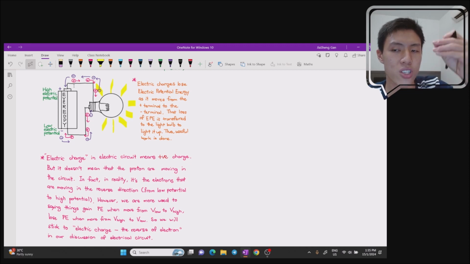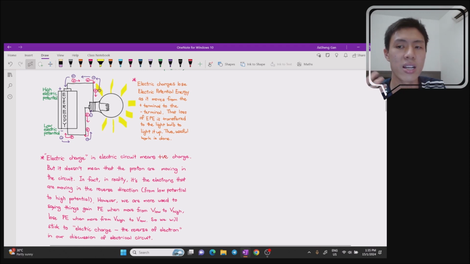We usually think objects will flow naturally from high to low, but here electrons flow naturally from low to high, which is the reverse direction. Then we see that when electrons pass through the light bulb from low to high, they lose energy to pass it to the light bulb. That's what actually happens in the circuit.